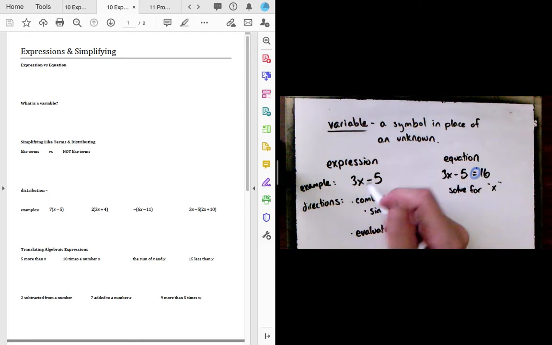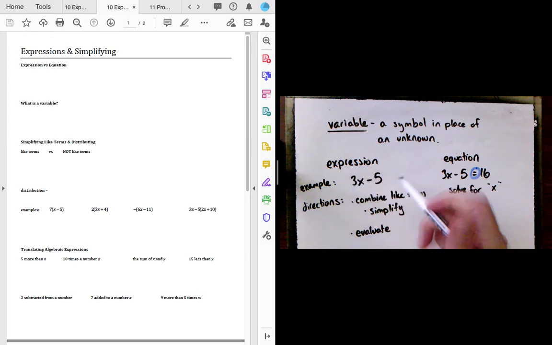In this case, anything that has an x attached to it is going to be a variable term, and any term that doesn't have x to it we'll refer to as a constant term. In this expression right here, 3x minus 5, that's already simplified as much as we can. There's only two terms in here. There's only one term that has x, and there's only one constant term. But I could have one, maybe let's combine like terms in a different example.